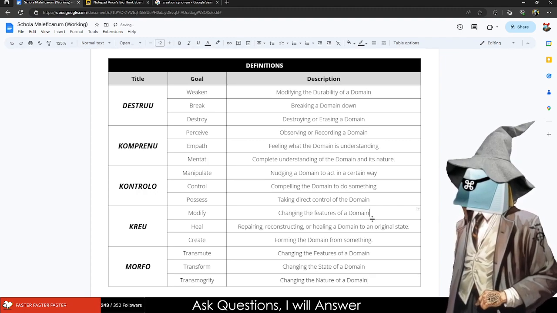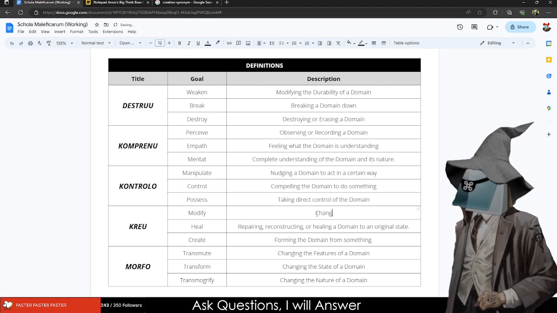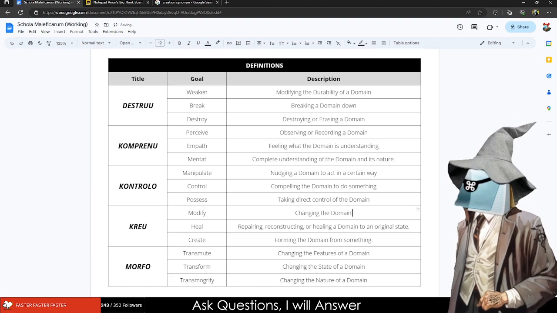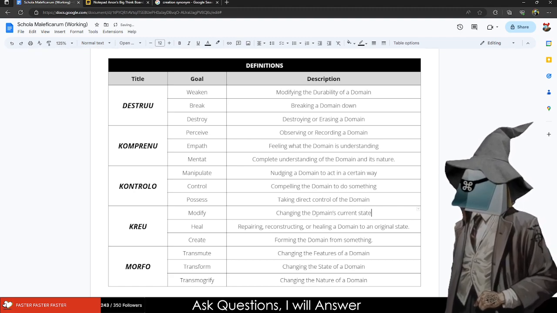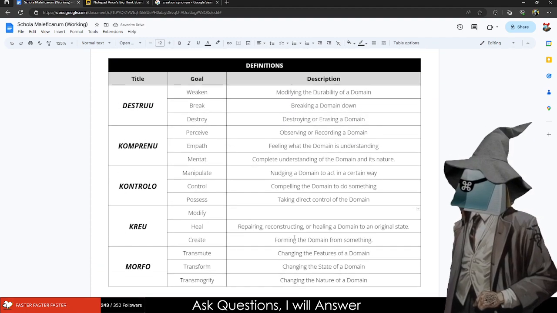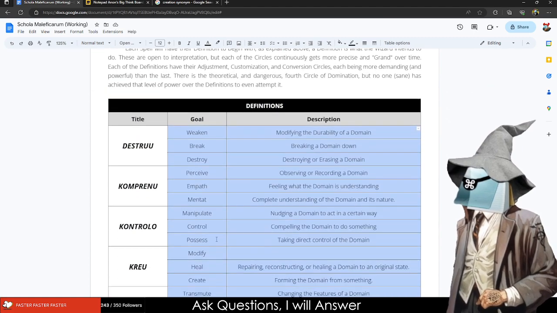Let me see, changing the features. No. How do I want to word modify?